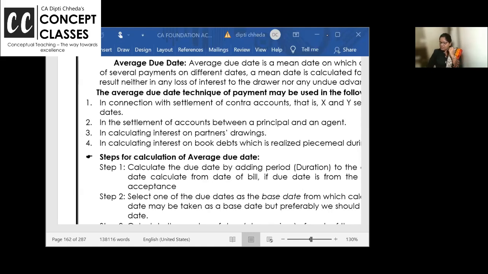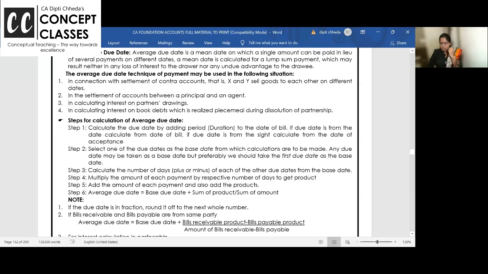One minute, I'm sharing the file with all of you. Yes, anyone having any doubt in the revision, then please ask. Puchho koi doubt hai to.